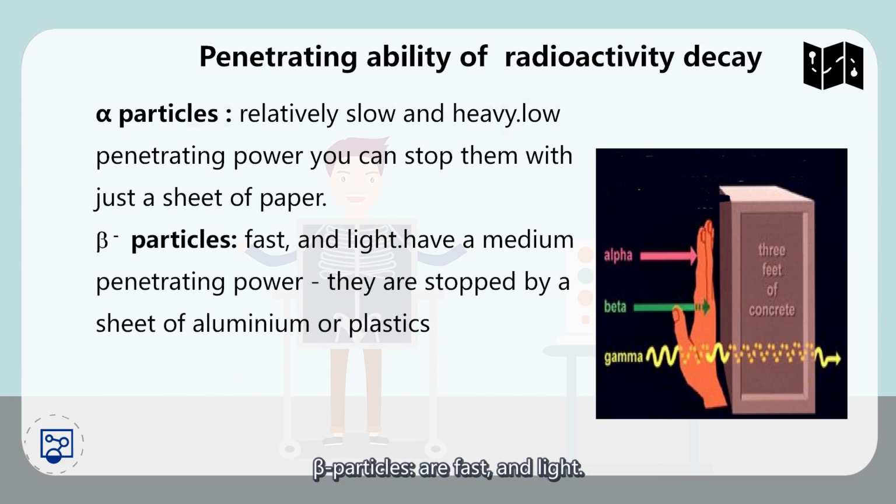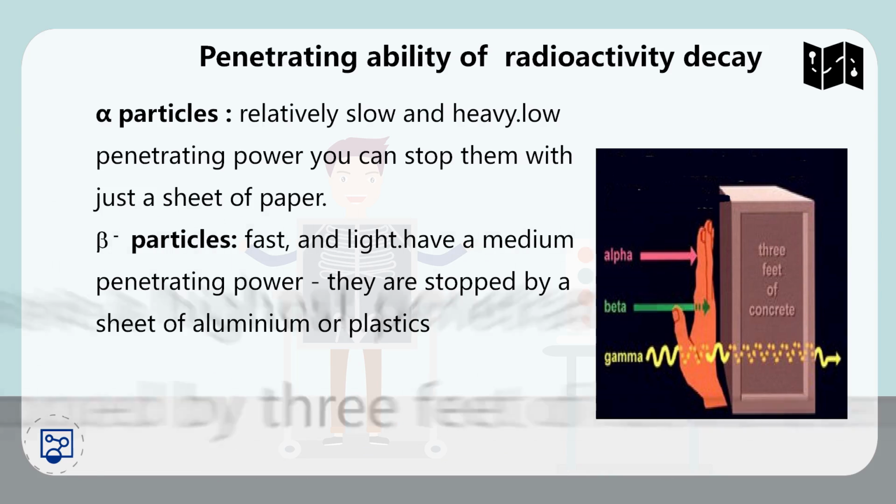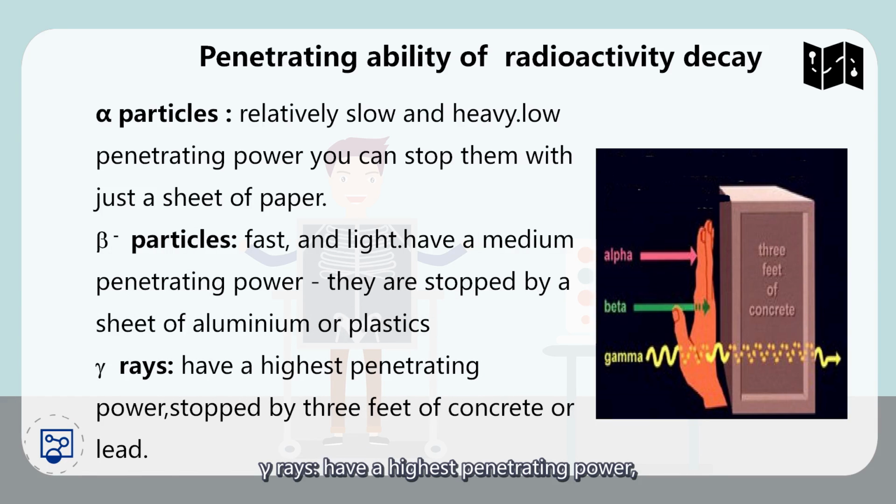As for beta-minus particles, they are fast and light. Beta-minus particles have a medium penetrating power. They are stopped by a sheet of aluminum or plastic. And as for gamma rays, they have the highest penetrating power. They are stopped by 3 feet of concrete or lead.